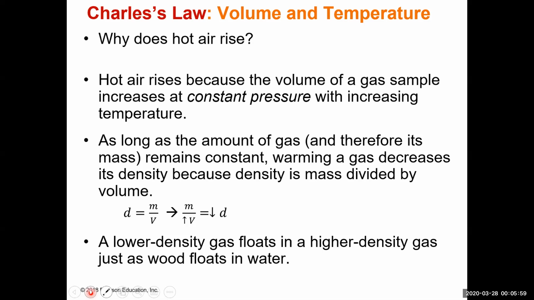So let's consider why hot air rises. Hot air will rise because the volume of a gas sample increases at constant pressure as the temperature increases. So as long as the amount of gas, and therefore its mass, are remaining constant, then as we're warming a gas, it'll decrease its density because density is mass divided by volume.